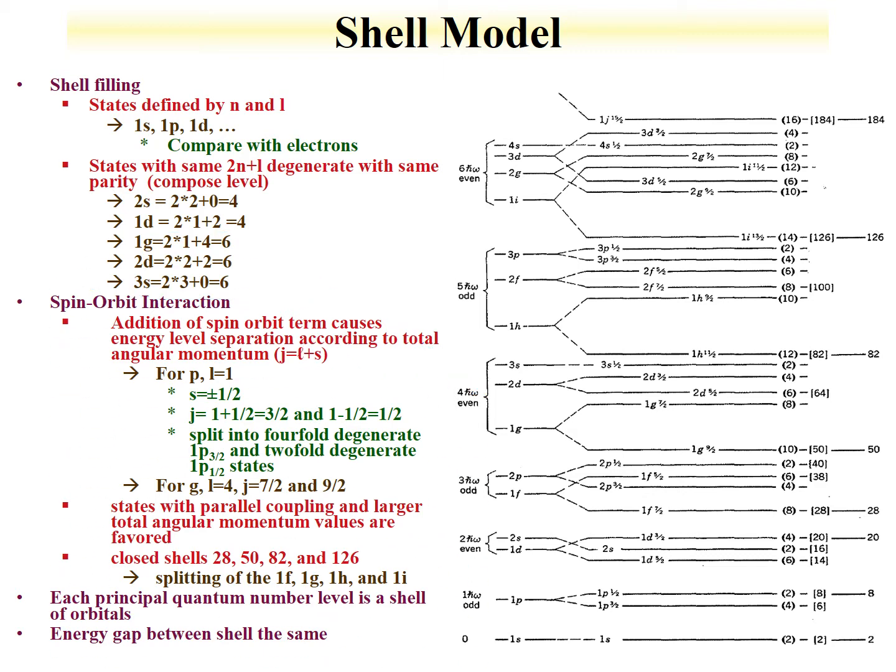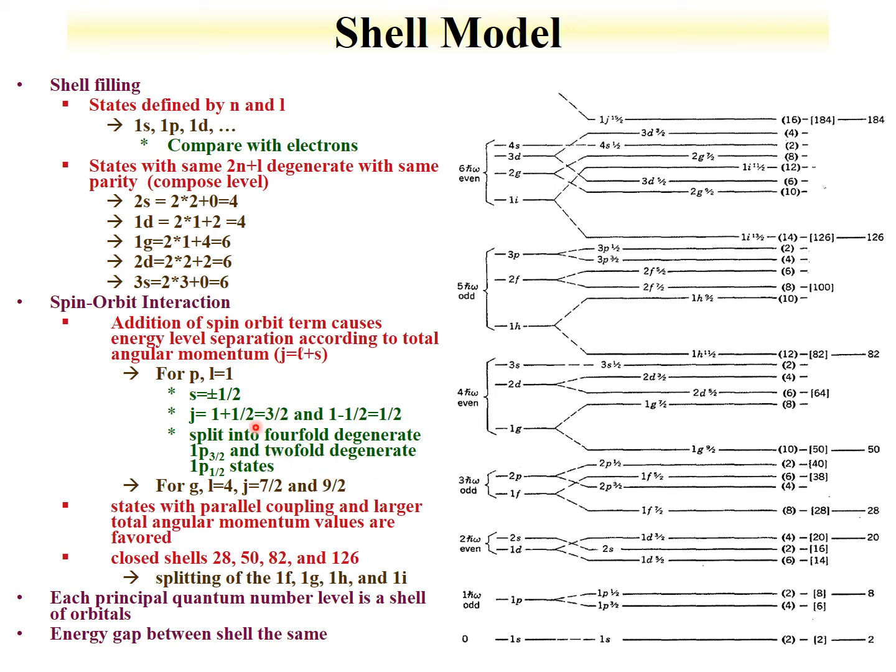And then when we have spin-orbit coupling interactions, we can split the angular momentum, where J equals L plus S. As an example for this, we could take the p states, where L is equal to 1. S can either be, the spin is either plus 1/2 or minus 1/2. So the splitting of the p states will either be a 3/2 or a 1/2 state.